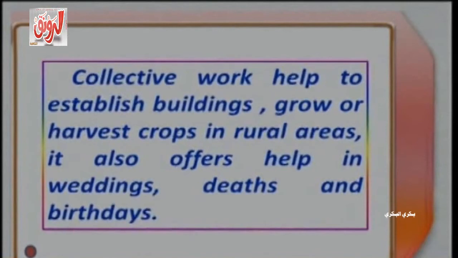To grow or to harvest crops in rural areas looks important. Looks important because it is used especially in these areas. Even collective work is needed also in urban areas. It also offers help in weddings, deaths, and birthdays.